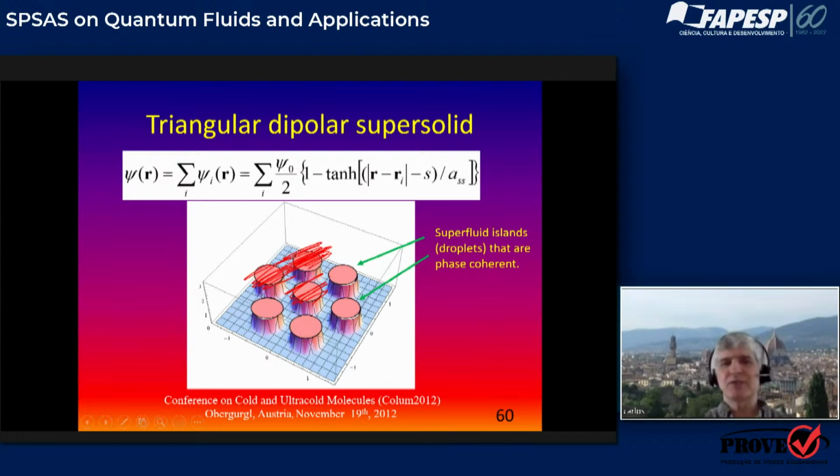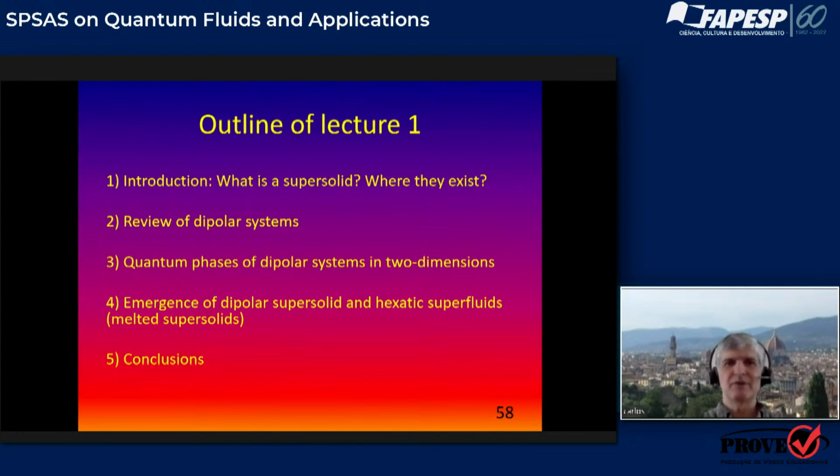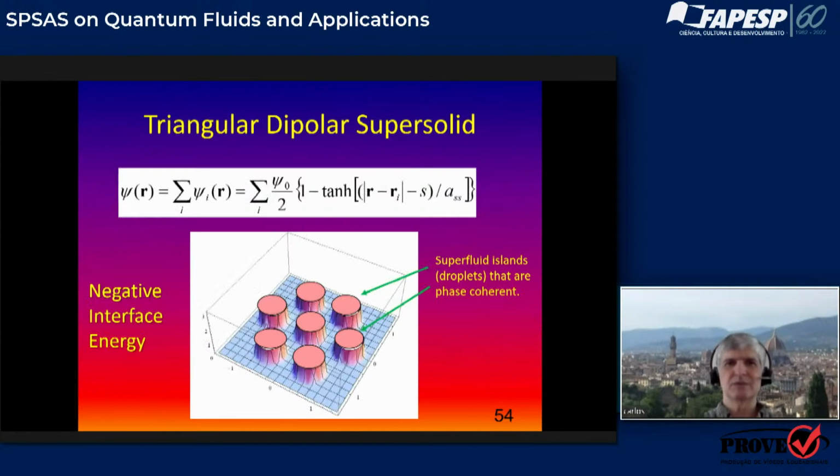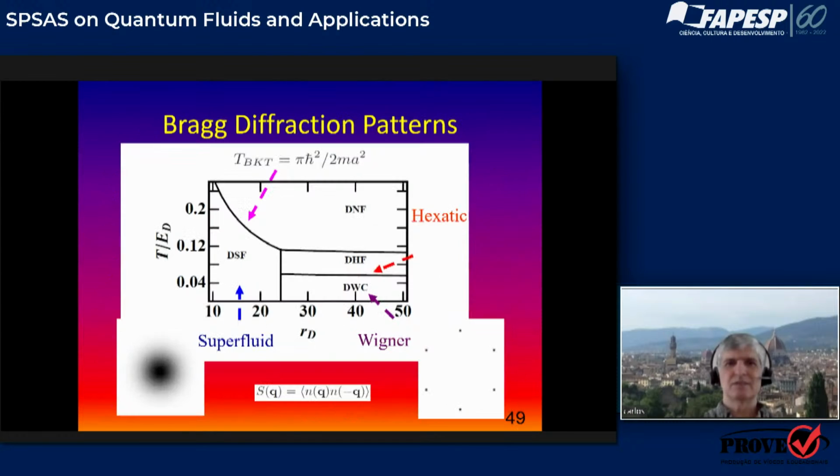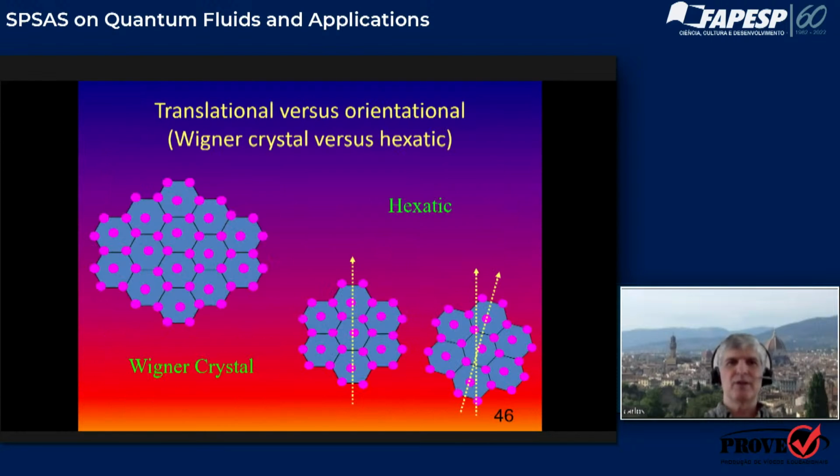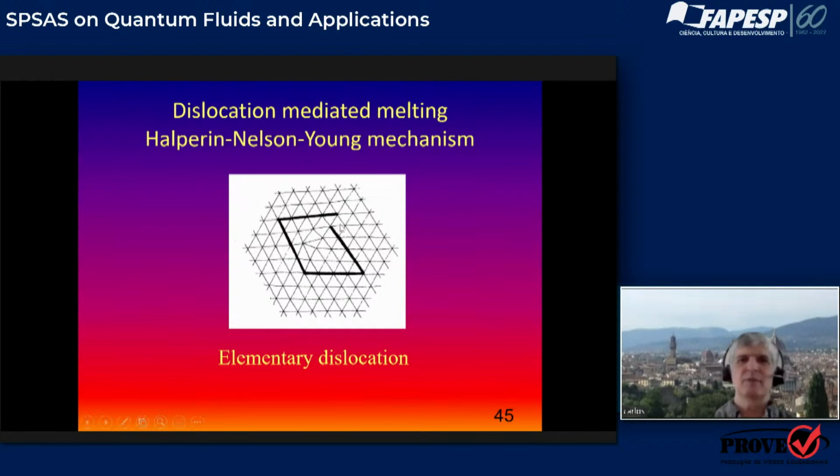However, in 2 dimensions, that's not a very good way of estimating what the melting transition is. The melting occurs via the Halperin-Nelson-Young mechanism. So the melting of a 2-dimensional lattice is quite general. Any 2-dimensional lattice would obey this.